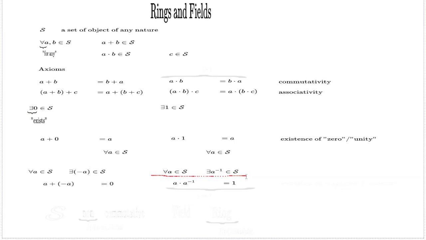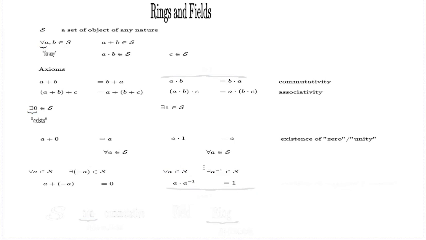There is one missing thing in this axiom, because if you think of complex numbers, you will realize that in the way it is written right now, this axiom does not hold for the complex numbers, because, for instance, the element 0 in complex numbers doesn't have an inverse. The reason for that is that this is just a typo.